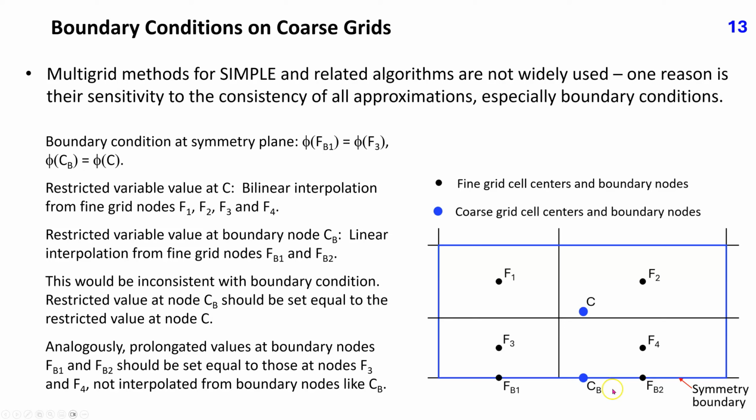Restricted value at node CB should be set equal to the restricted value at node C because this is what will be applied to phi hat during outer iterations on the coarse grid. Analogously, prolongated values at boundary nodes FB1 and FB2 should be set equal to those at nodes F3 and F4, not interpolated from boundary nodes like CB.